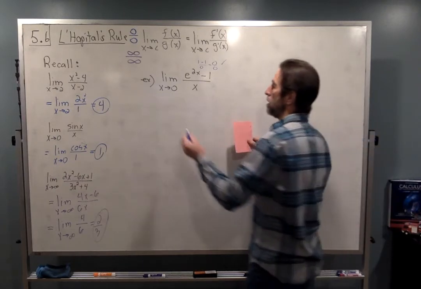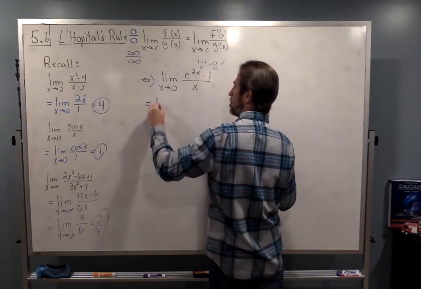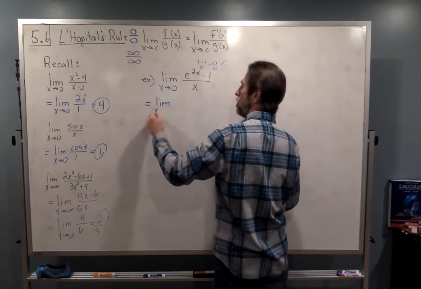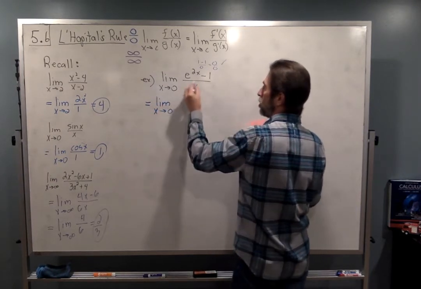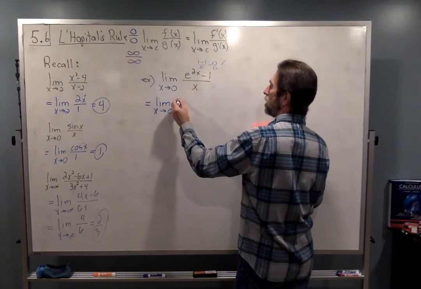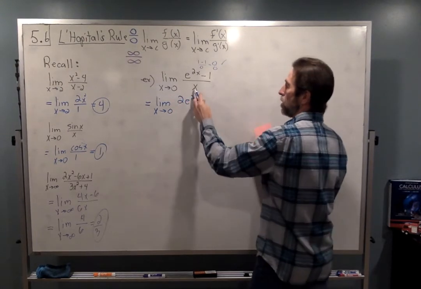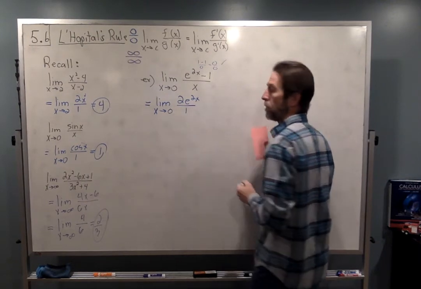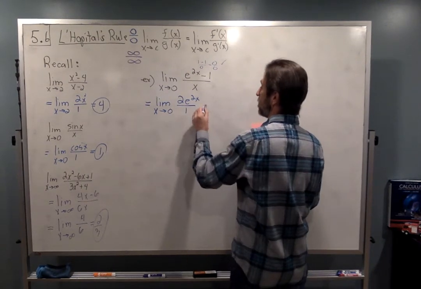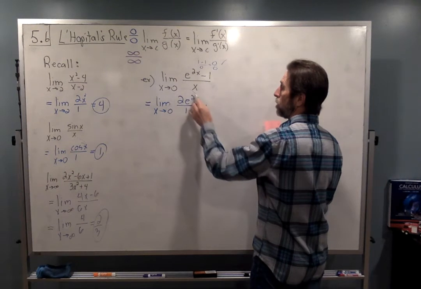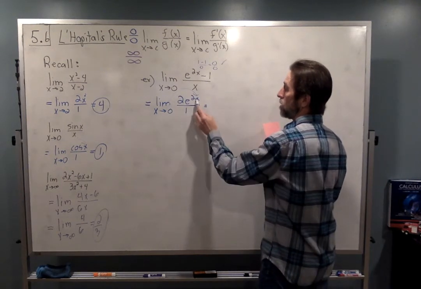We apply it. We just state that the limit as x goes to 0. The derivative of e to the 2x minus 1 is going to be 2 times e to the 2x. The derivative of x is 1. Now we can try to go ahead and make direct substitution. We put a 0 in for x. That's e to the 0, which is 1.